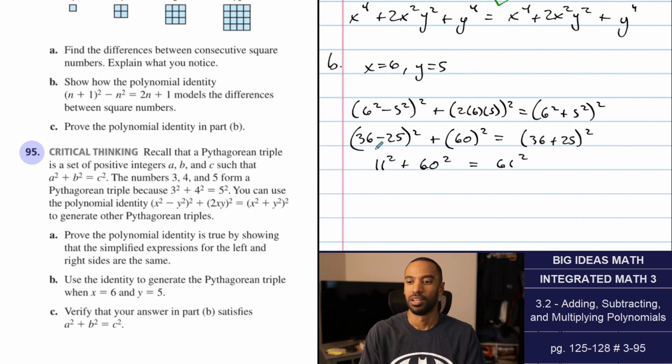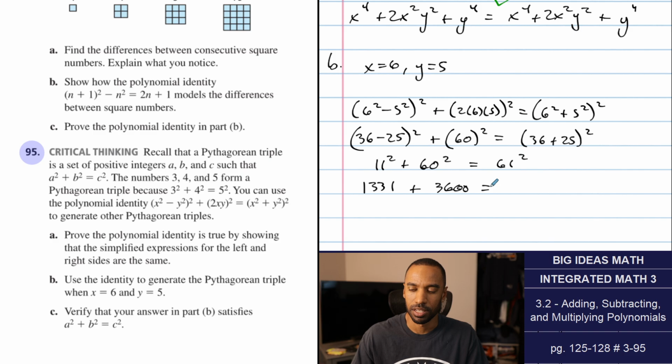Is that what that is? Let's see. I know 11 squared is 1,331. 60 squared is 3,600. Let's check if 61 squared is the number we want it to be. 61 squared, 3,721. What? Let's see. Well, then that didn't work.